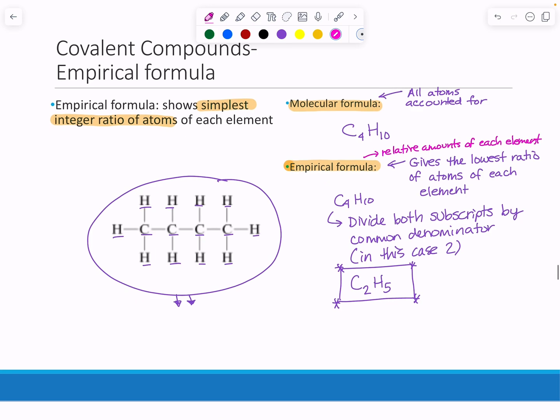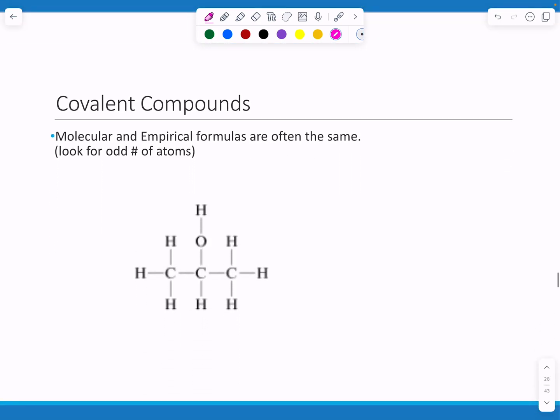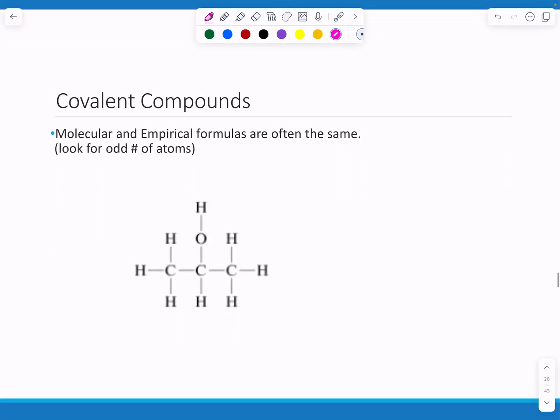Molecular and empirical formulas can also be the same, and often are. An easy way to see this is to look for an odd number of atoms. So let's look at this molecule here, and let's do the molecular formula.